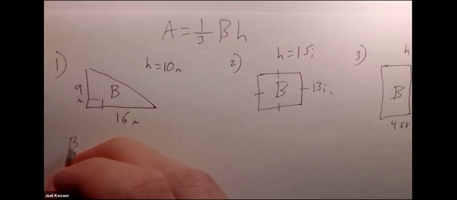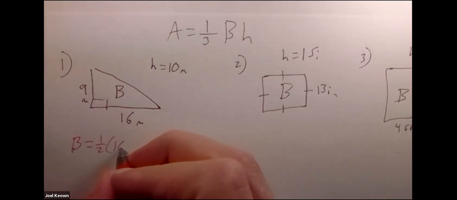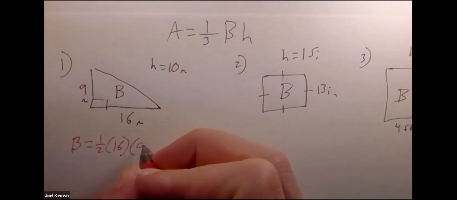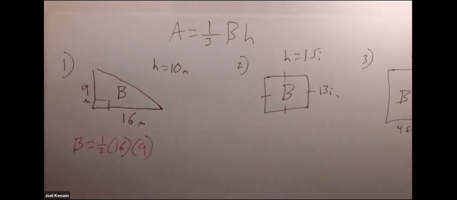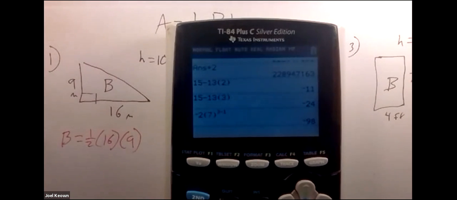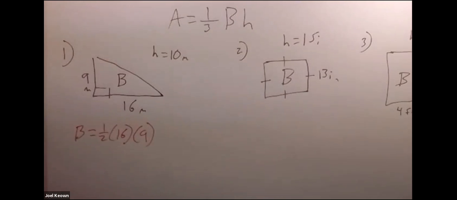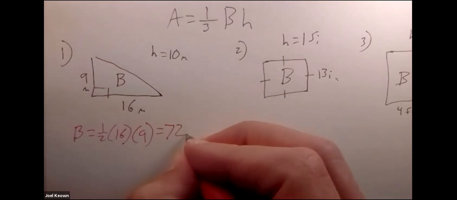So my B is going to be 1/2 times 16 times 9. So calculate it out. 0.5 times 16 times 9. 72. My base is 72.